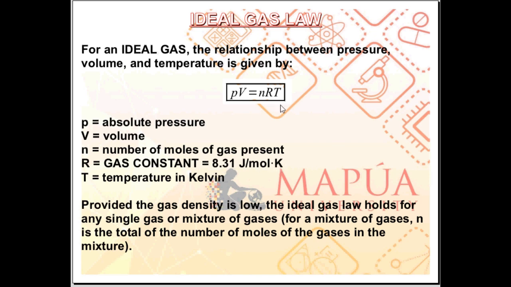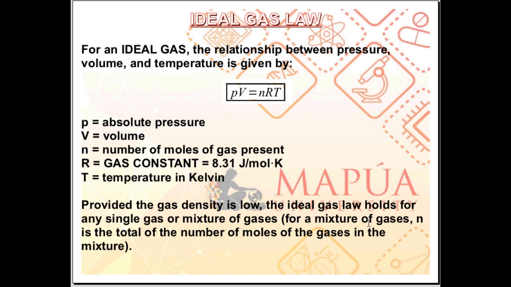So Kelvin, that means T, the temperature, must be in Kelvin. So if it's given in some other temperature scale, say Celsius or Fahrenheit, you would have to convert the temperature to Kelvin before you use the ideal gas law. Provided that the gas density is low, the ideal gas law holds for any single gas or mixture.